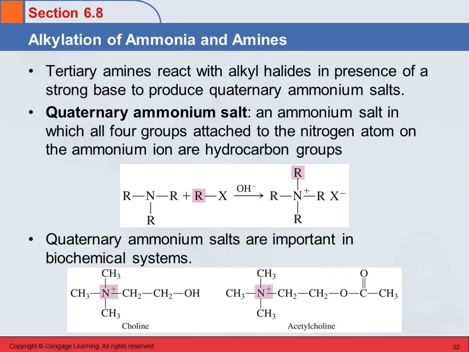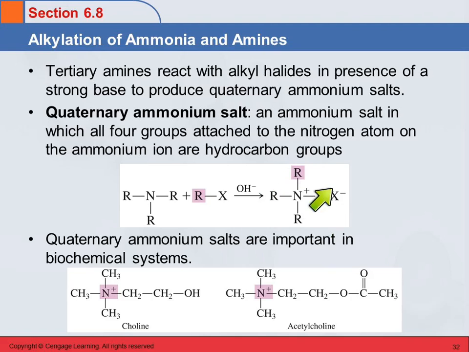If you have strong base present, you can get tertiary amines to react and produce quaternary ammonium salts. And that's an ammonium salt where all four groups are hydrocarbon groups. The ones we looked at before, all the ammonium salts, had an acidic hydrogen here.